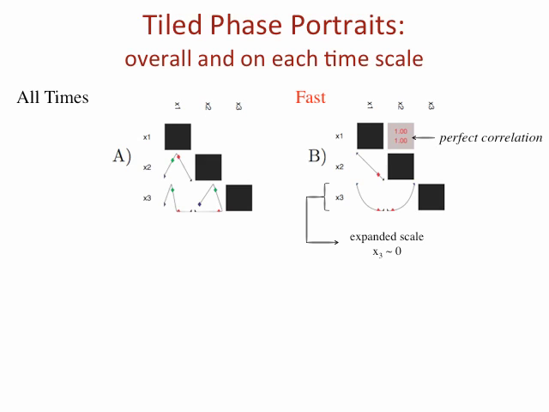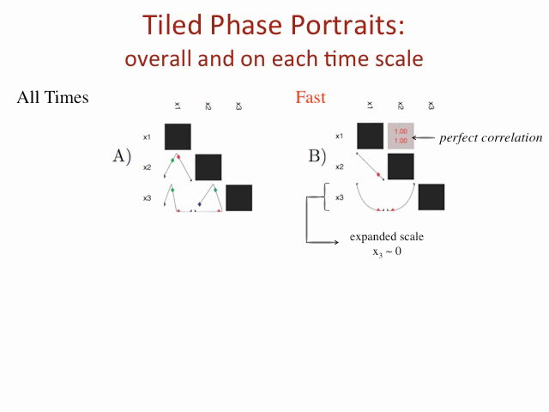So first, in red, we look at the fast time scale. In this case, x1 and x2 are moving on a minus 45-degree line, which corresponds to the formation of that quasi-equilibrium, and we get a perfect correlation for that motion.